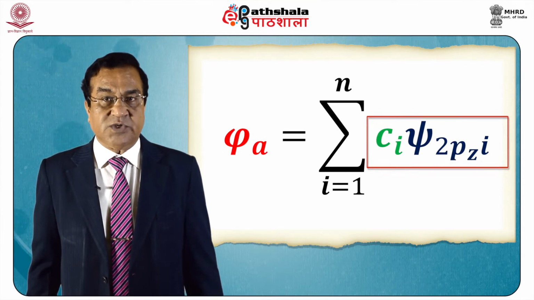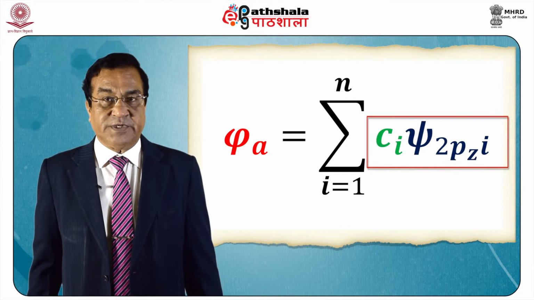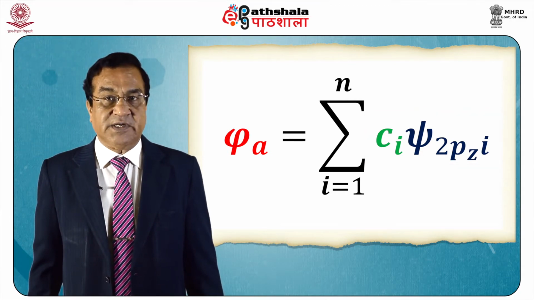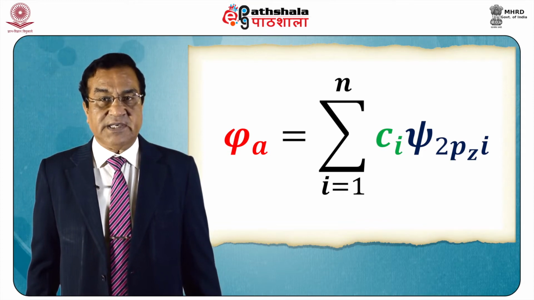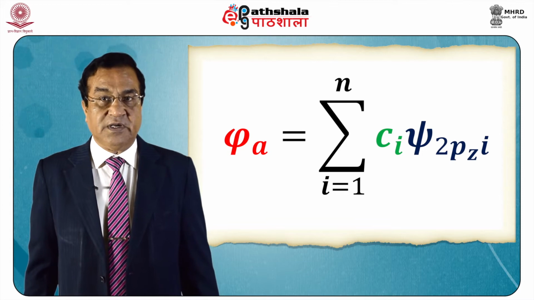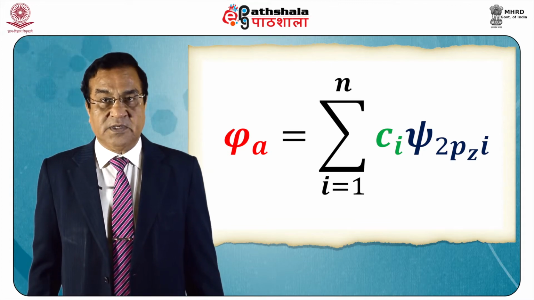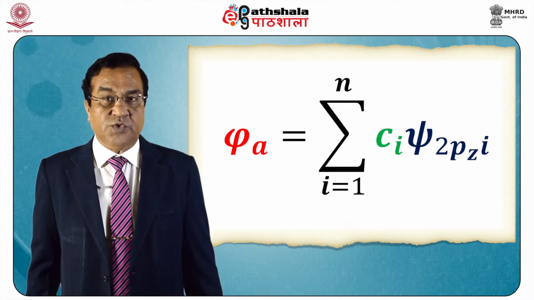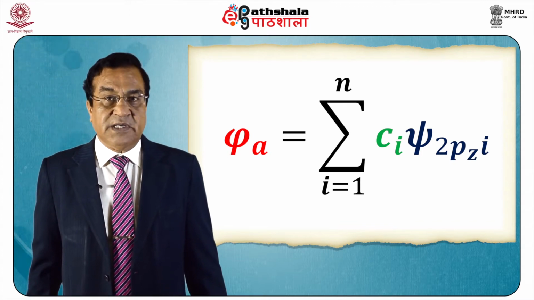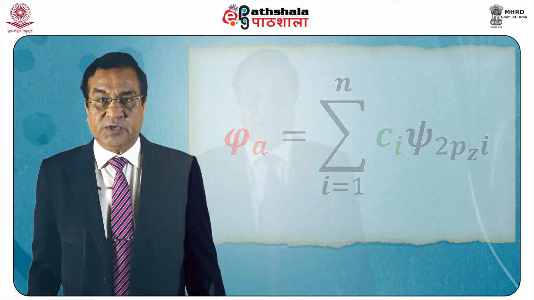Here psi 2pzi refers to the pi orbital centered on the ith carbon atom, and Ci is the corresponding coefficient of the molecular orbital. So this is the approximate wave function which we use in Huckel molecular orbital theory.